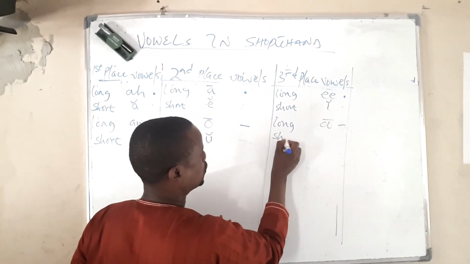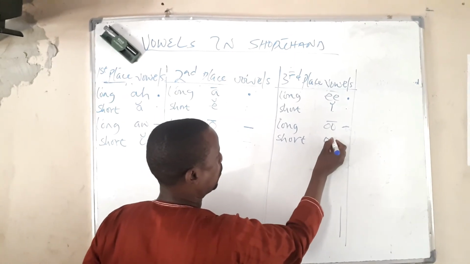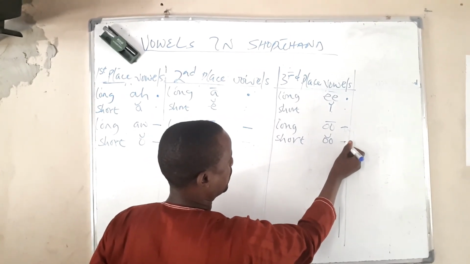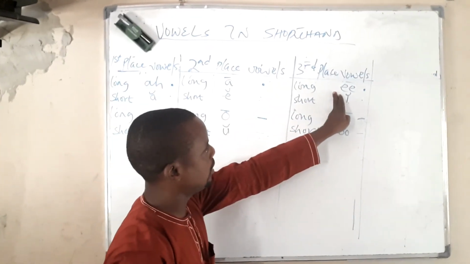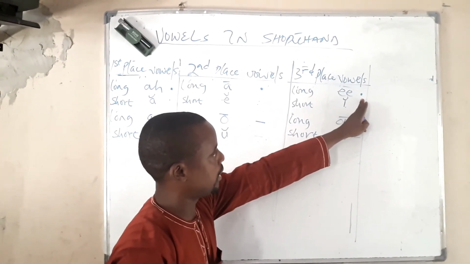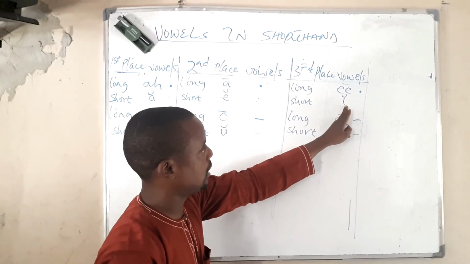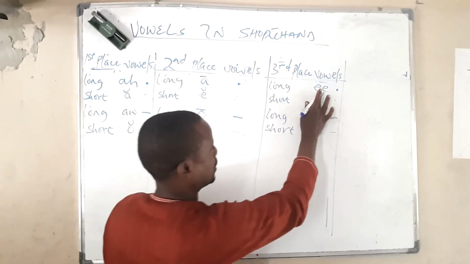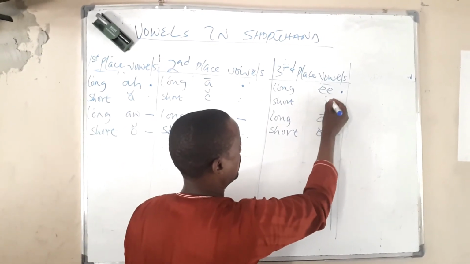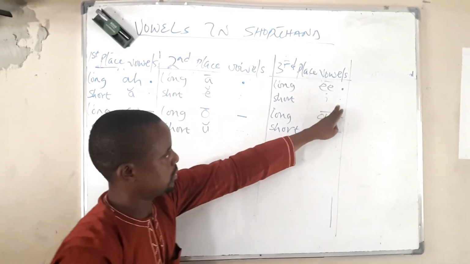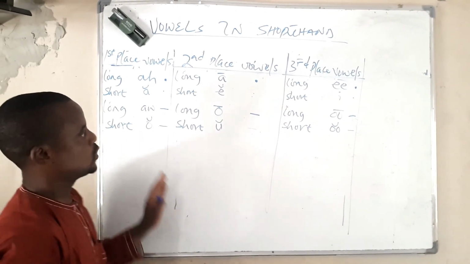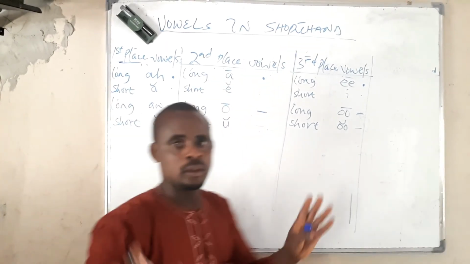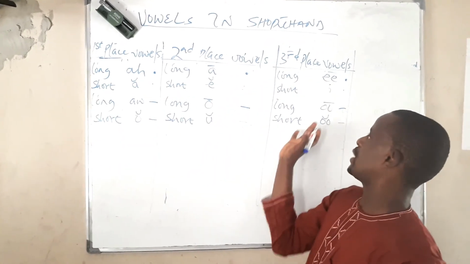Then we have short U, which is represented by a light dash. So these are the 4 vowels that we have under third place.